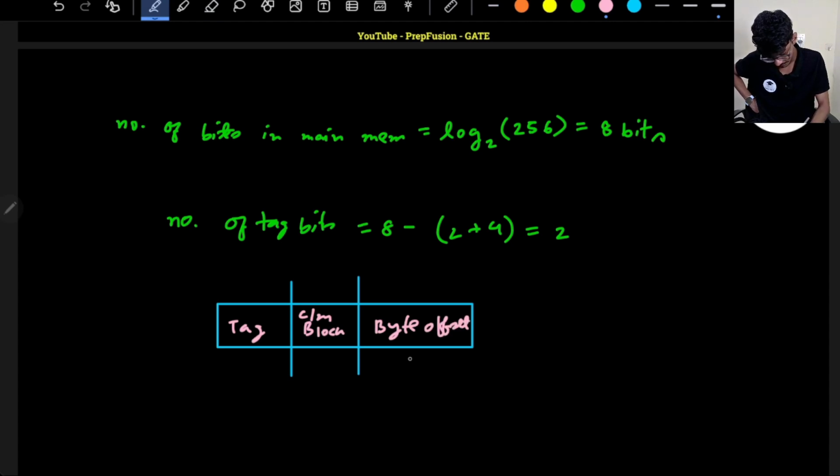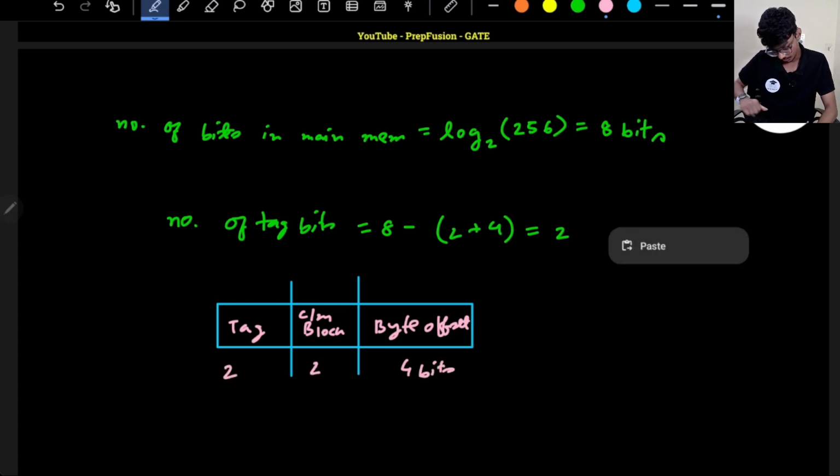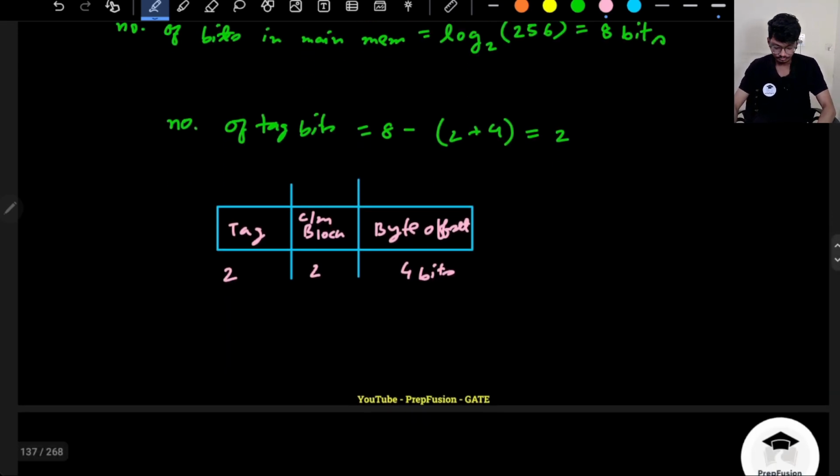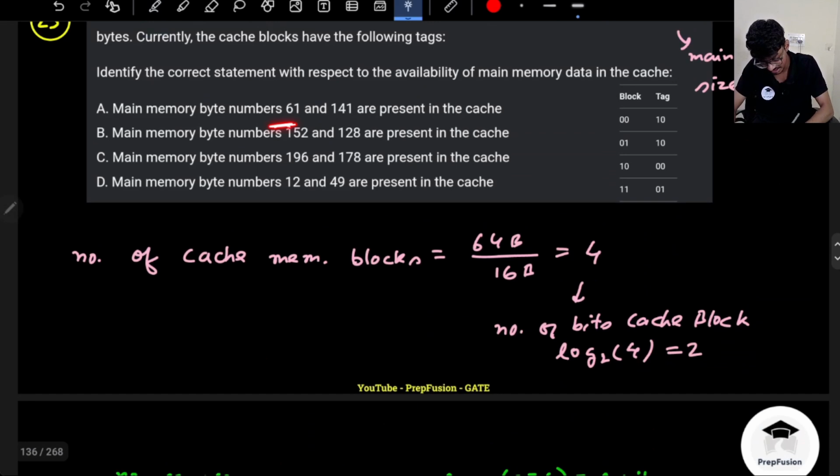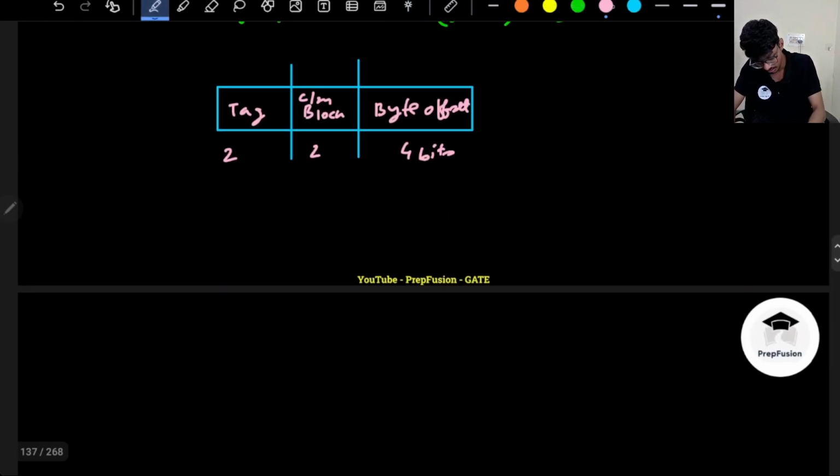Byte offset will be 4 bits, cache memory block number will be 2 bits, and tag will be 2 bits. Okay, so let's see whether 61 is existing or not. What is 61? It is in decimal, right?